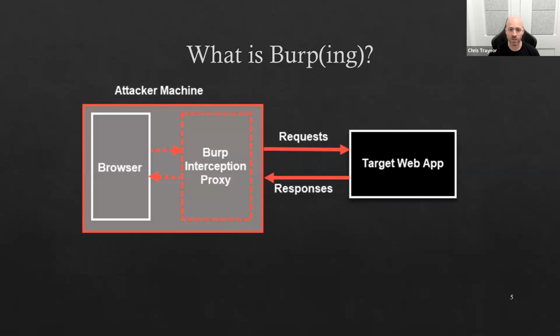All right. So what is Burp itself? Burp is what's called an interception proxy. It can be used by developers. It can be used by penetration testers. It can be used by anybody, really. But Burp specifically is very well built out. It's very established. There are two versions of it. I'm not going to get very sales pitchy, but there is a free version. There is a paid version.